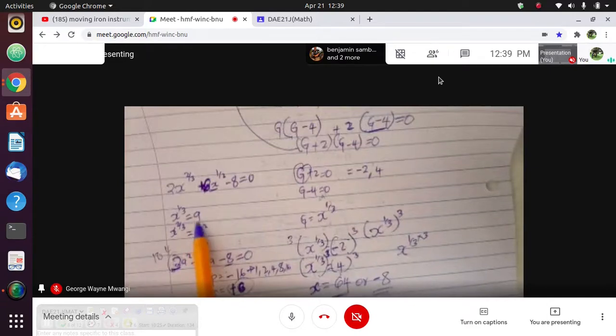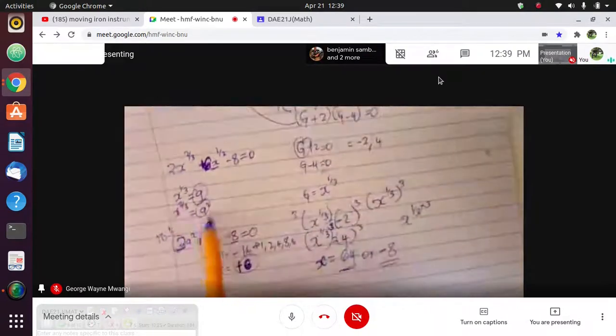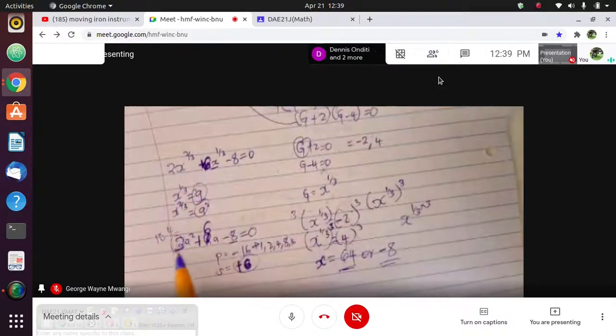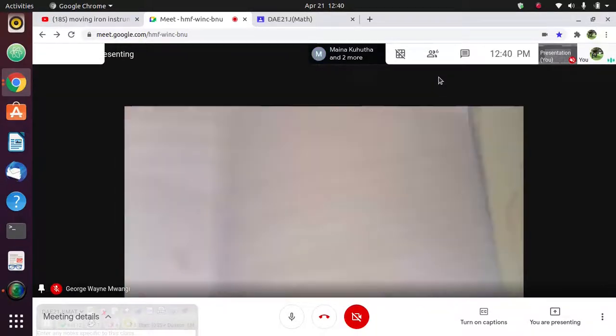We substitute x raised to power a third with a. Now x raised to power 2 over 3 is x raised to power a third squared, so when you replace with a, it will be a squared. Now we replace these two variables that we have introduced in our equation above and we change it to become a quadratic equation. Let me write on a new page.